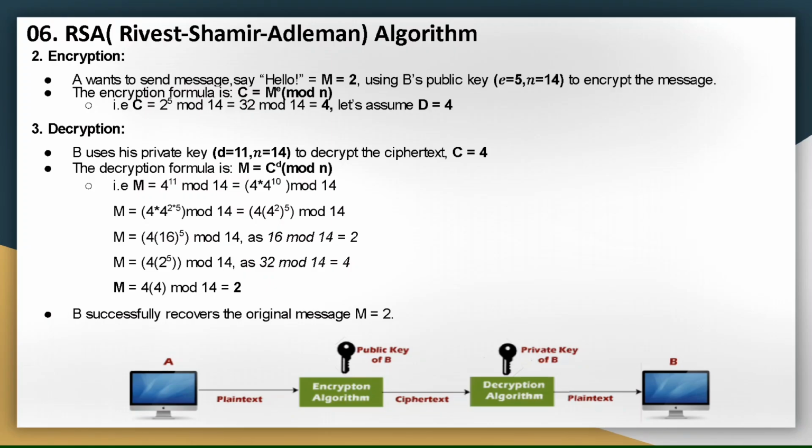Now at the encryption part we say, let's say A wants to send the message hello, that is equal to 2. So B uses his private key to generate that message, and finds that the message he has generated is equivalent to the message received from A. So B successfully received the original message m equals 2 here.